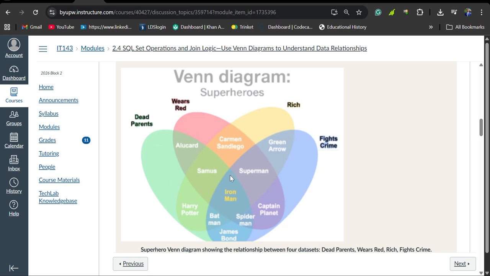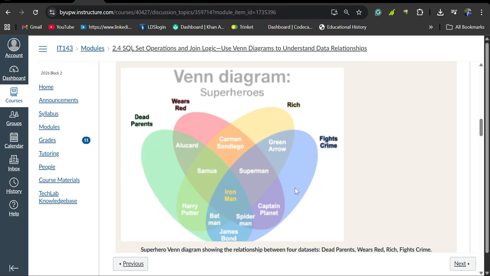Also, to look at the right joint, I'll use the rich and fights crime as the right joint. So all the elements that are in the right joint are the elements at the right, with the exception of Alucard.